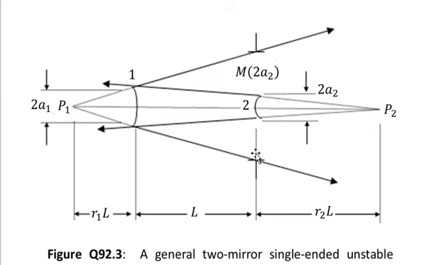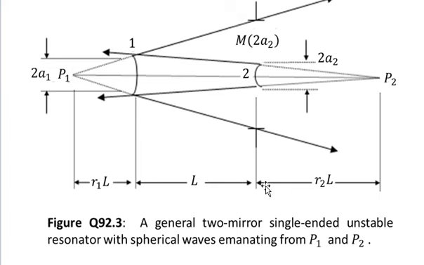So this is the aperture from which the laser beam of this size will come out, where capital M is the magnification of the system, and 2a2 is the diameter of mirror 2. For further detail you should consult slide number 92, where you can find greater detail of this figure.